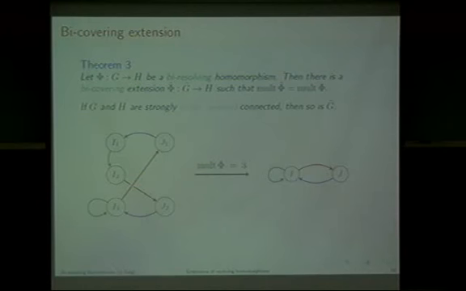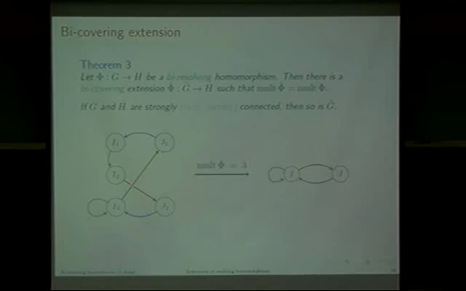So there is a bi-covering extension such that the multiplicity of the extension is equal to the multiplicity of the original homomorphism. And when G and H satisfy some nice condition, then so does G tilde. For example, when G and H are strongly connected, then the resulting extension G tilde is also strongly connected, and similarly for weakly connected graphs.